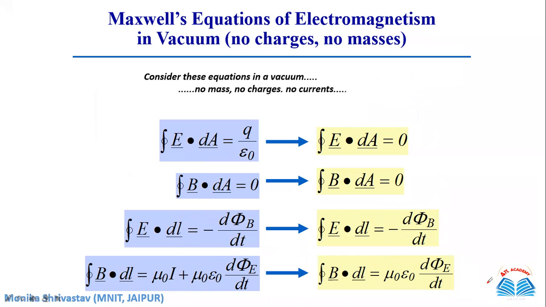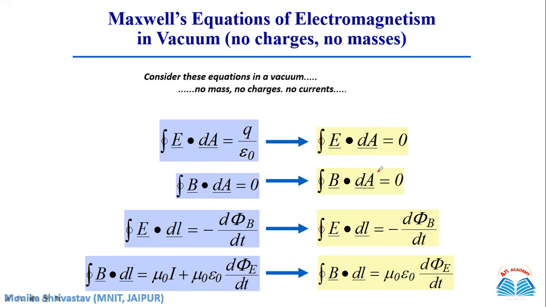So in vacuum, if we want to apply our Maxwell's equations, then those four equations will convert into these. So now closed integral E dot dA equals Q upon epsilon naught will become closed integral E dot dA equals 0 because there is no charge. So Q is 0 here.